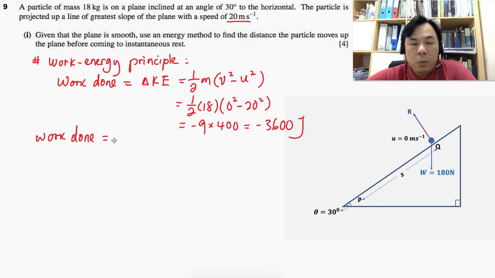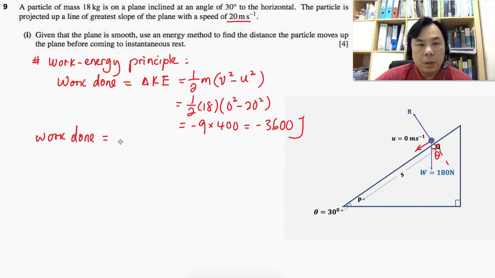All right. Now, work done, which force actually contributes the work in this case? You can see that the only force that is responsible for the work done in this case is gravity. So we need to perform work to overcome the gravitational force here. Don't forget that, sorry, this one here is theta. Now we have to resolve this weight component along the slope, so it must be along this slope here.